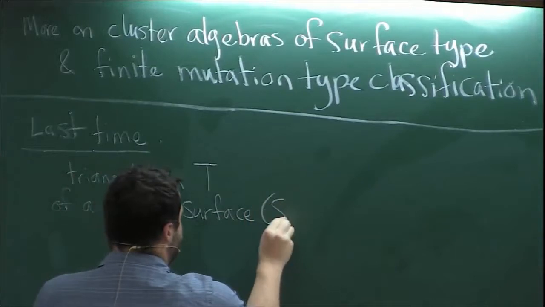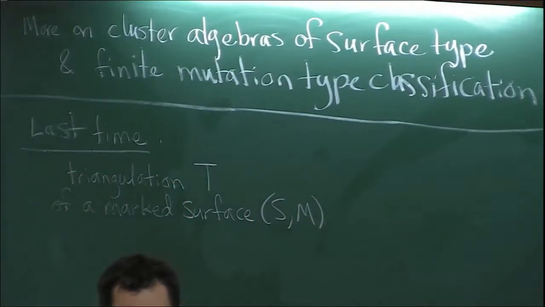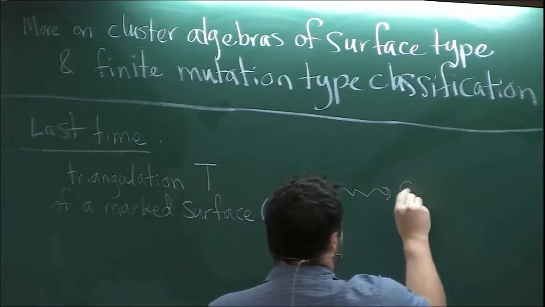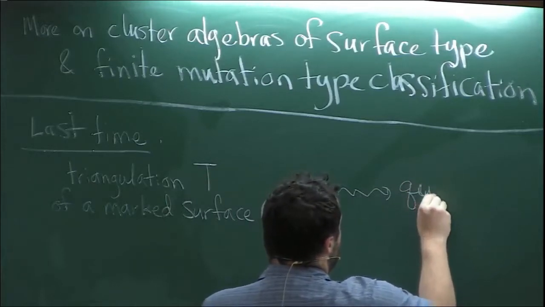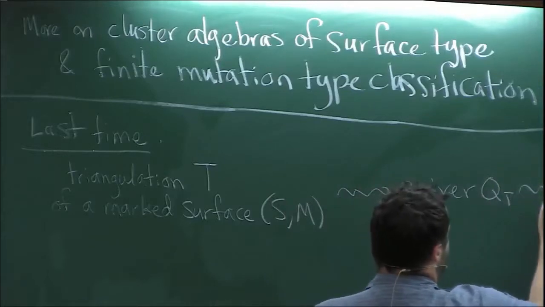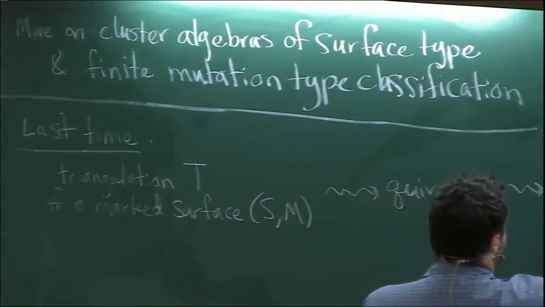So this marked surface had some collection of marked points to which I attach arcs. And to it, I associated a quiver. And once we get a quiver, we know from one of my first lectures that you can get a cluster algebra.